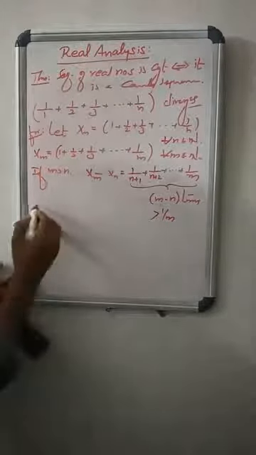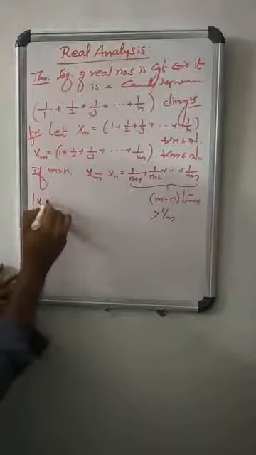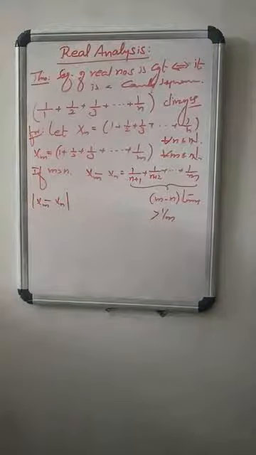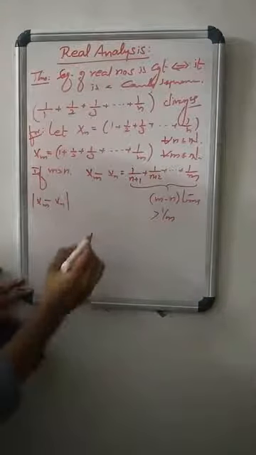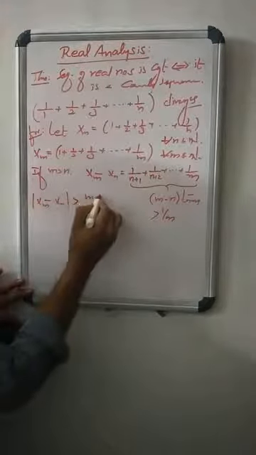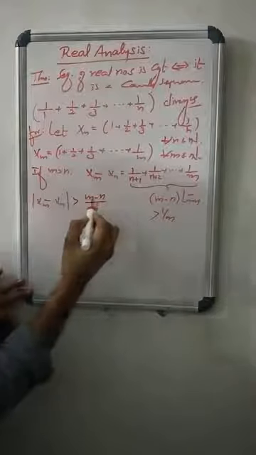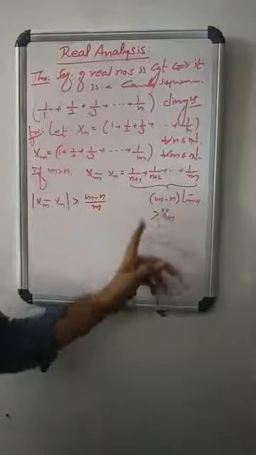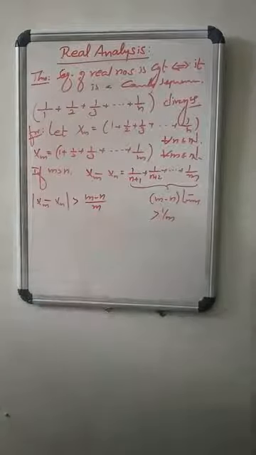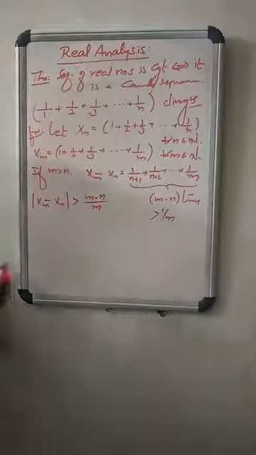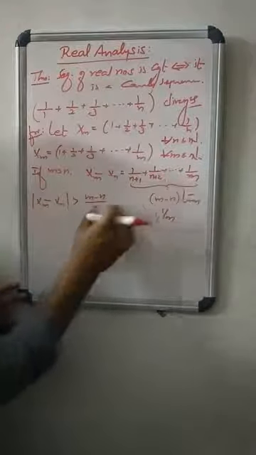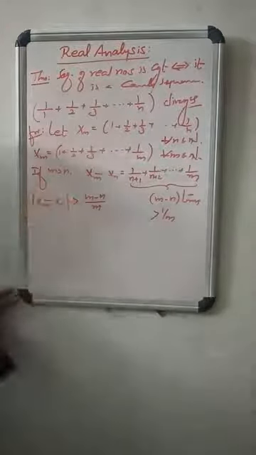That means modulus of xm minus xn is greater than m minus n terms times 1 by m, so it is m minus n by m.